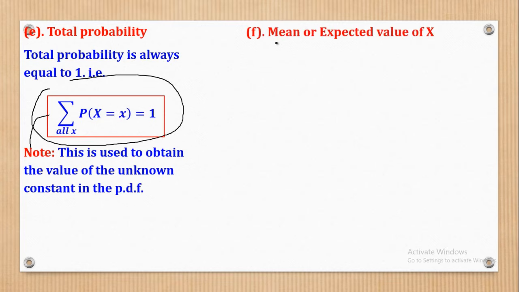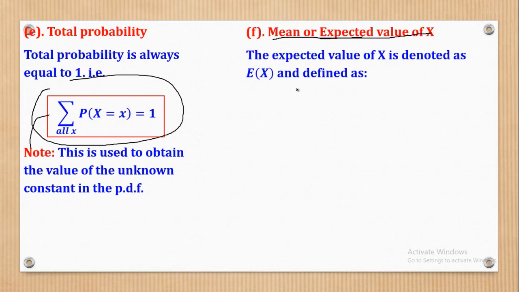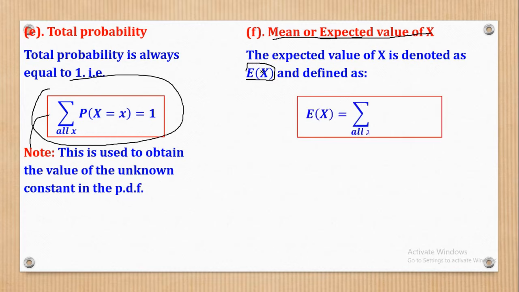So another parameter is mean or expected value. Another word for mean is expected value of x, and this value is denoted by E(X). So when you see E(X), just know that they mean expected value, and the formula used is this.